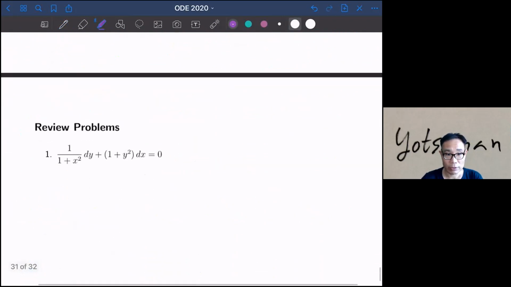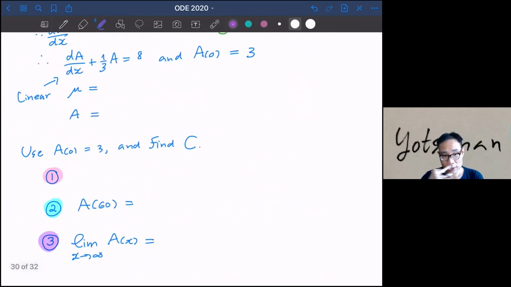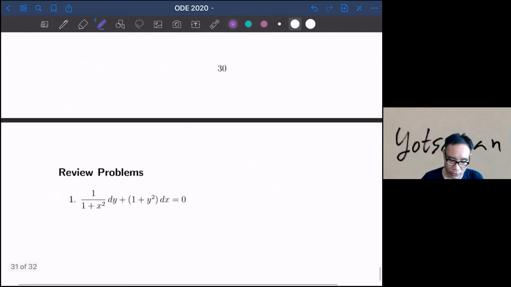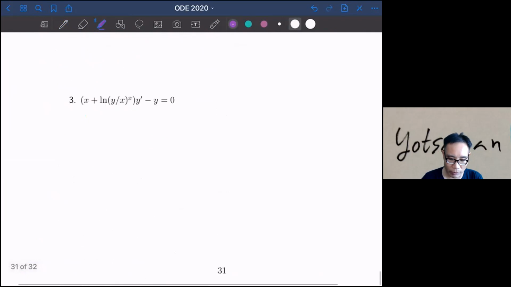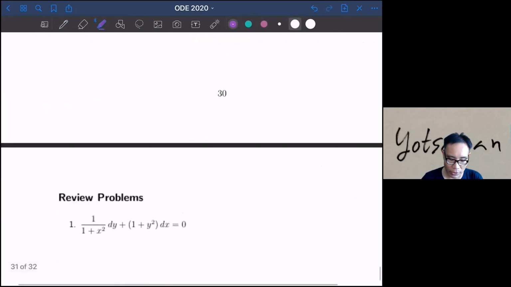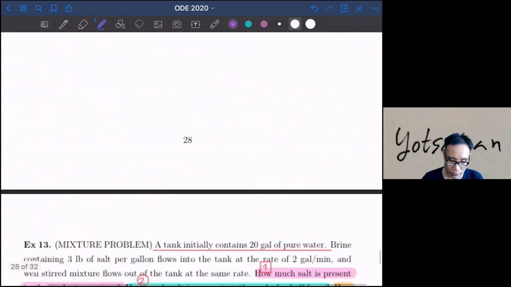Okay, so that's all. It's gonna be all for this application. So I did 2 examples for this differential equation. We're gonna do also the review problem in the next video, and we're gonna be able to have the review example.